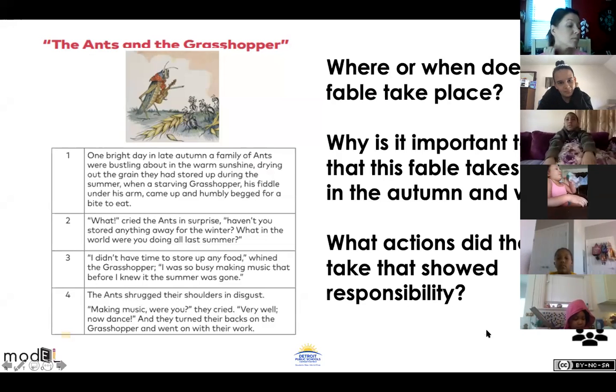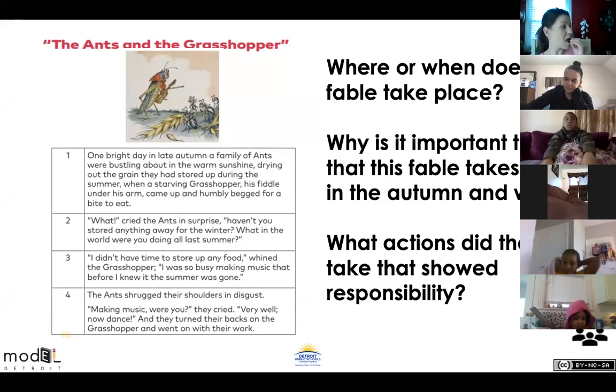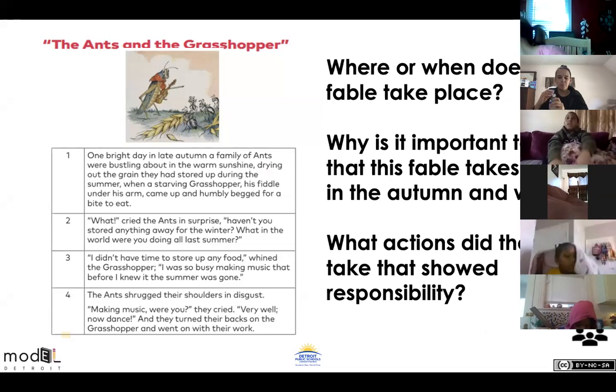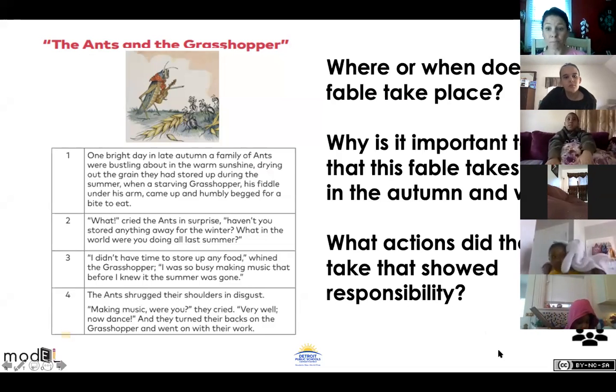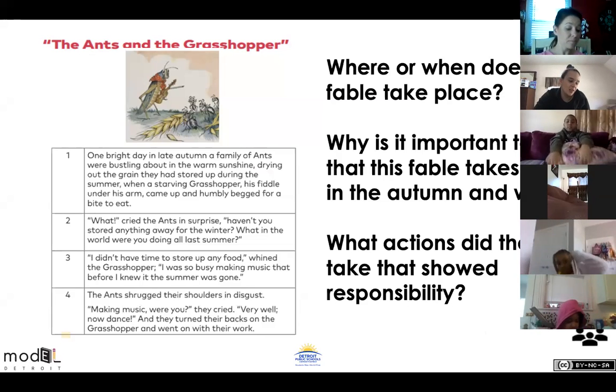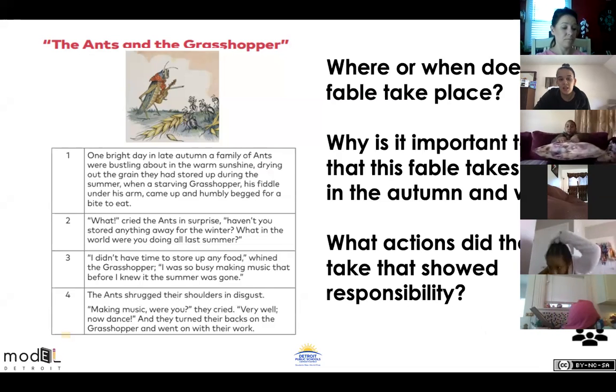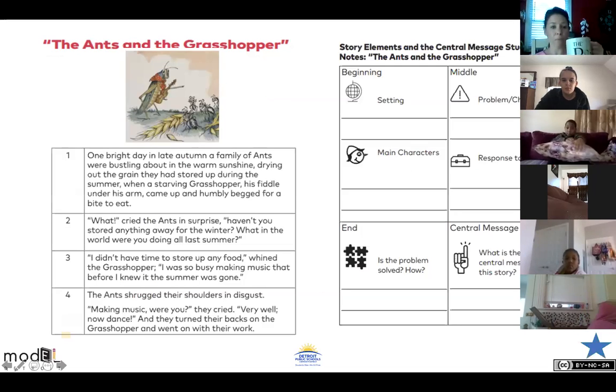The ants were responsible because they didn't lose their food, and they got their food, not like the grasshopper. Yeah, they didn't wait until the last minute to get their food together. They did it in advance. They prepared and were responsible. Good job, Imad.